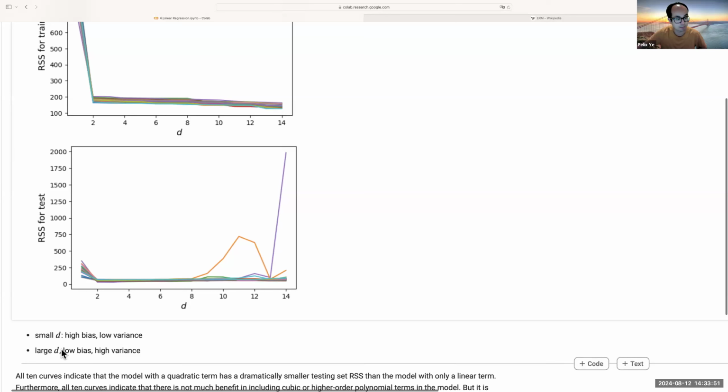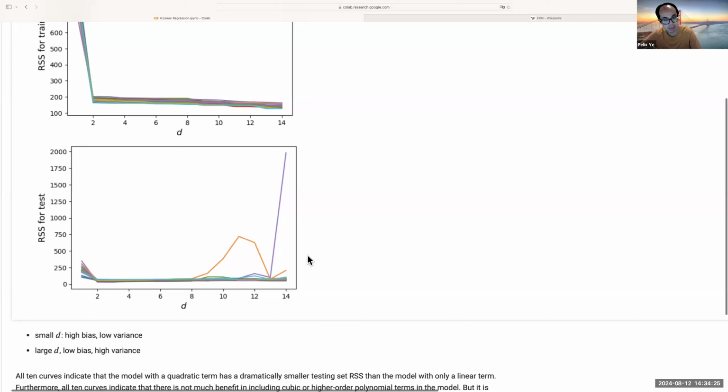For small d, we always have a high bias and a relatively low variance, because the variance of the error is very small right here. If we have a very large d, the bias will be small. You can see the training error is monotonically decreasing here.